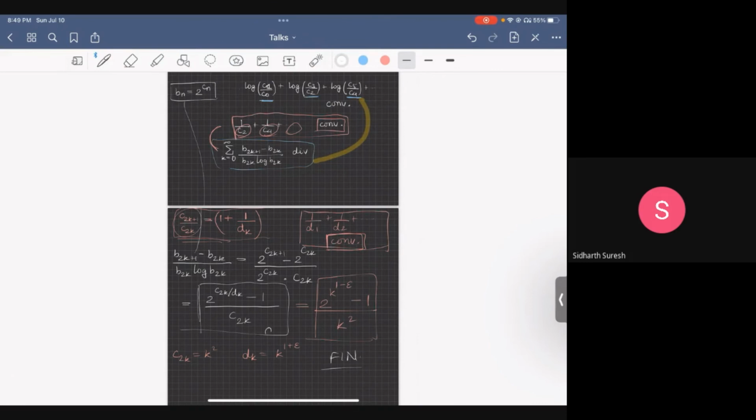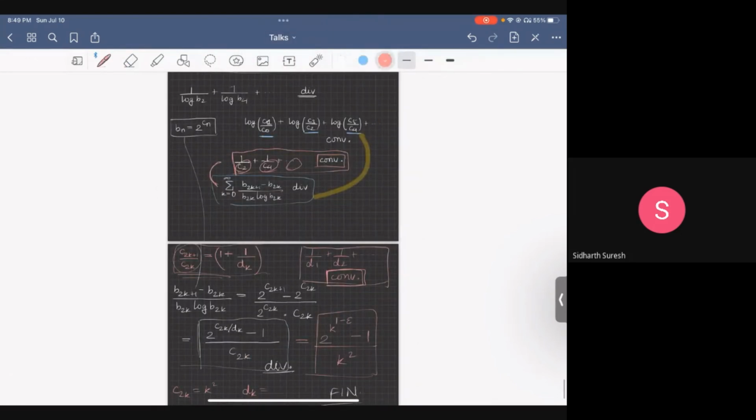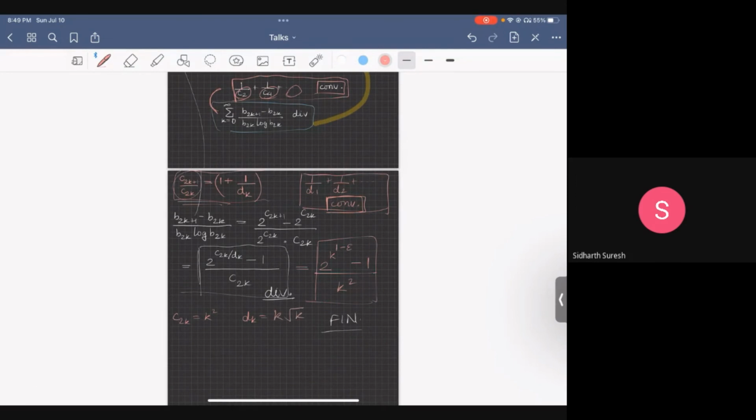We wanted this to diverge. So more specifically, we can take k root k, or maybe we can just take k^4 and k cube.